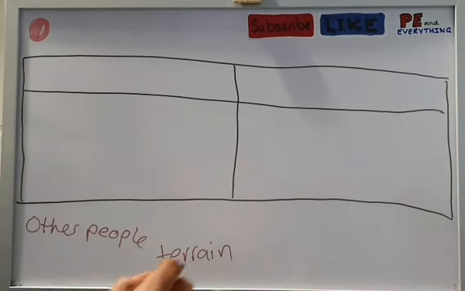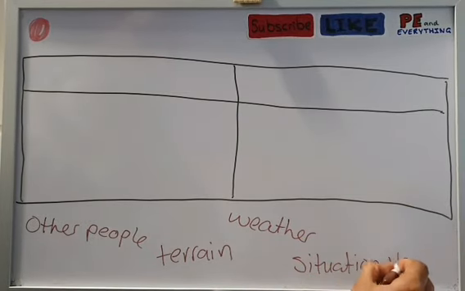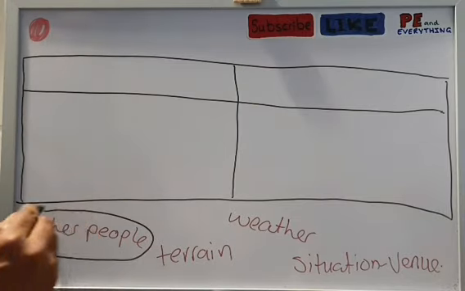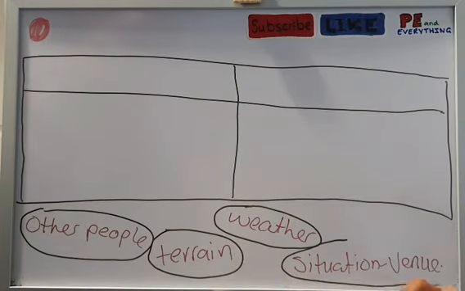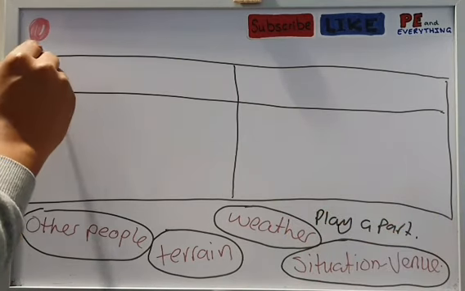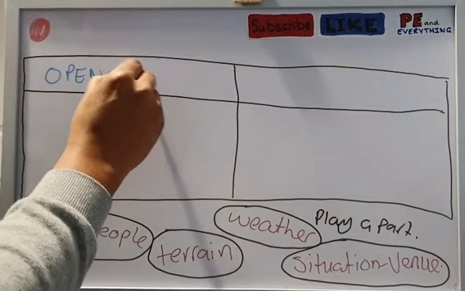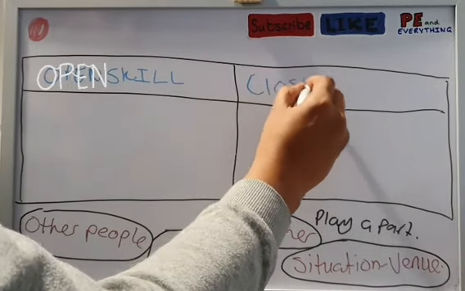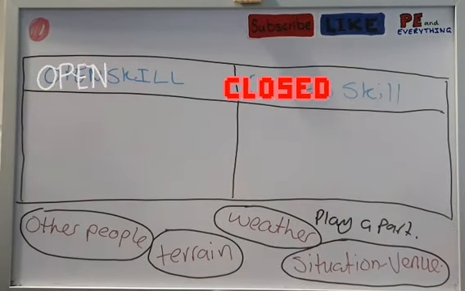When it comes to sport and physical exercise, there are a bunch of factors that come into play that can result in change. You have other people around us, terrain, weather, and the situation, the venue. They all play a big part. So we have open skills, and then we have closed skills.